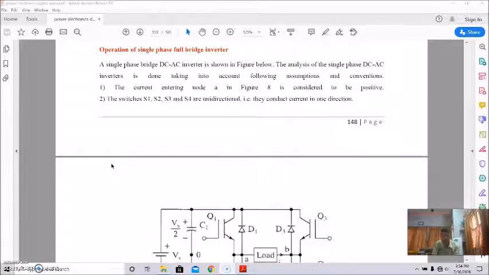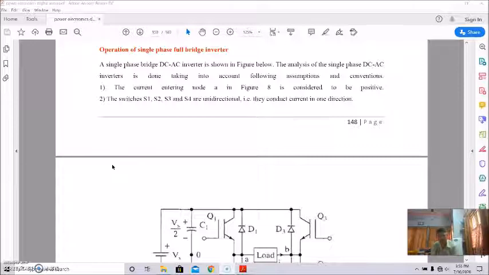Basically this full bridge inverter consists of two pairs of controlled switches, S1, S2 and S3, S4, and two pairs of diodes, D1, D2 and D3, D4. Among these devices, only one pair conducts simultaneously.